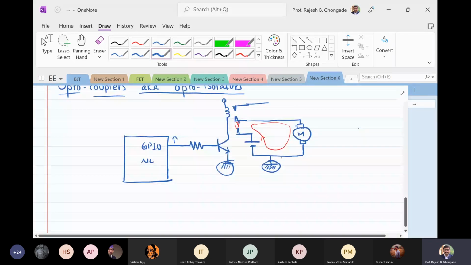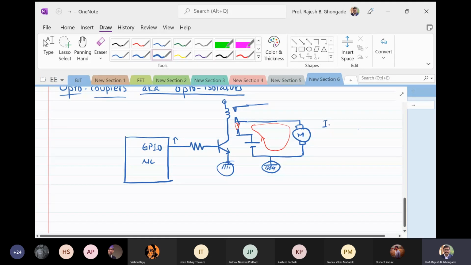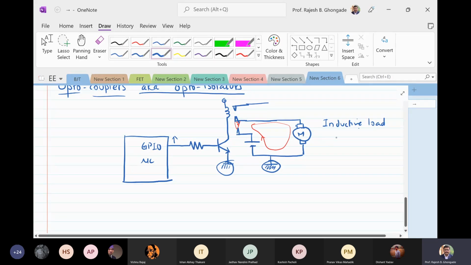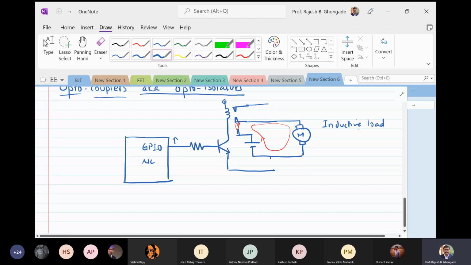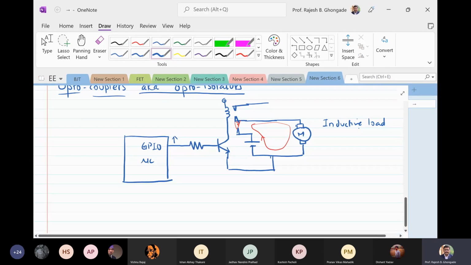Many times my motor is basically an inductive load. Please remember, even if I show it like this, in reality both of these are going to be connected via a single wire, and then you are going to call this the ground.